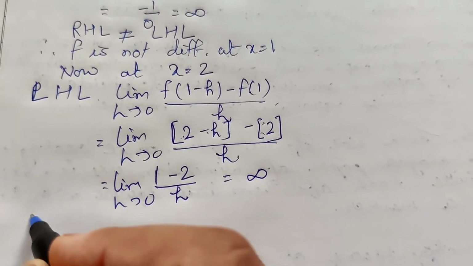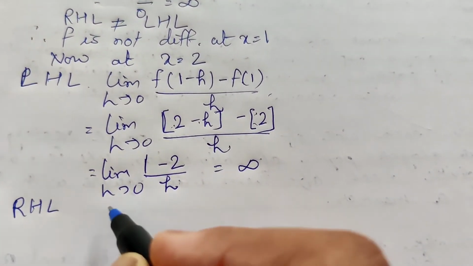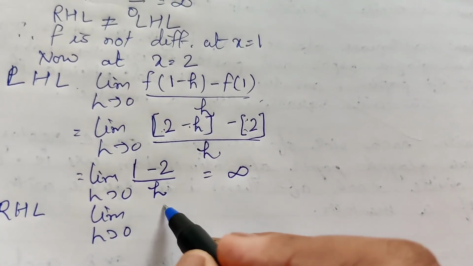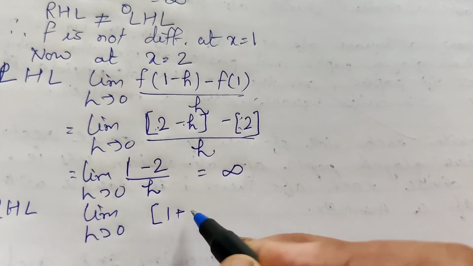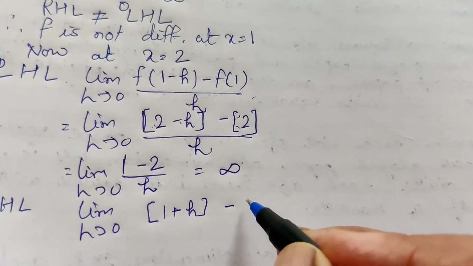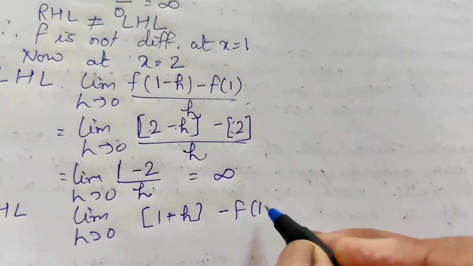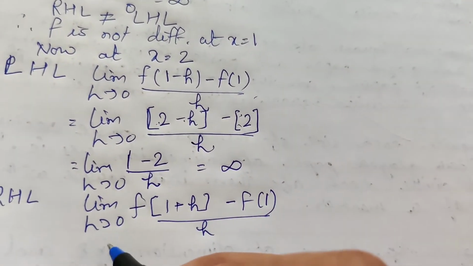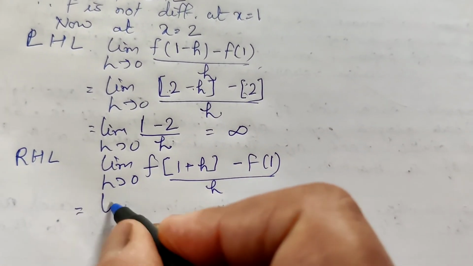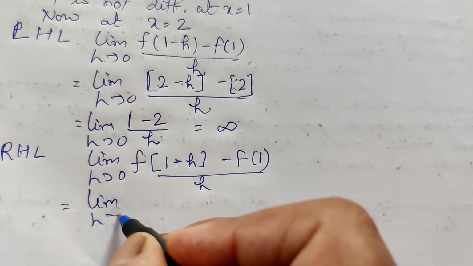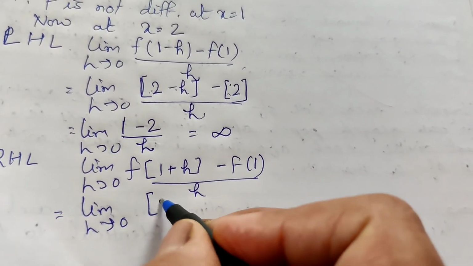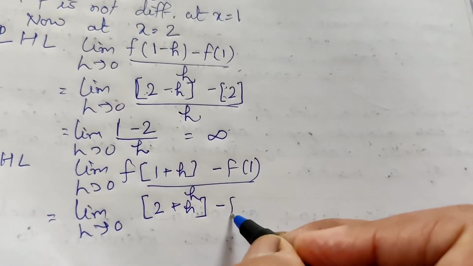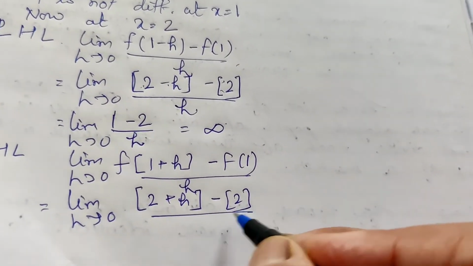And the right hand limit is equal to the function 2 plus h minus 2 by h.